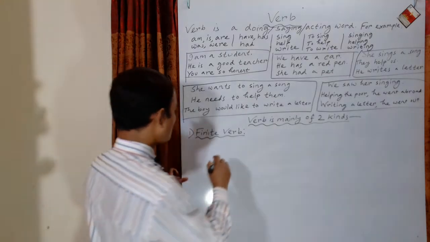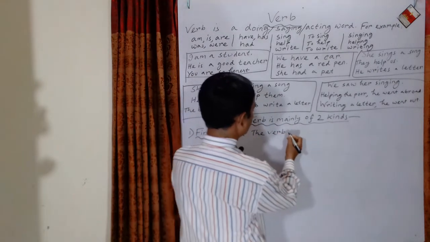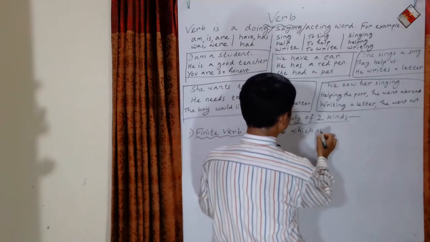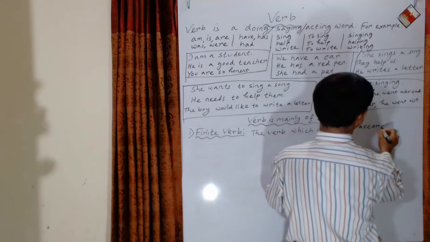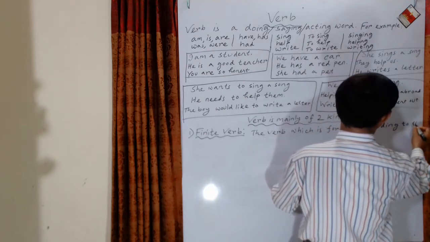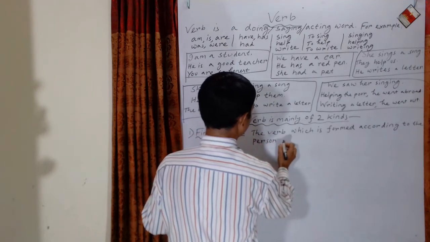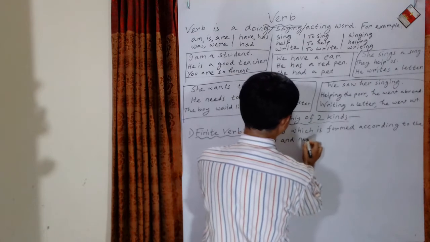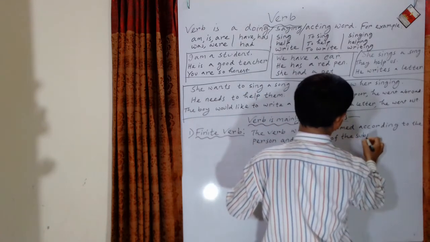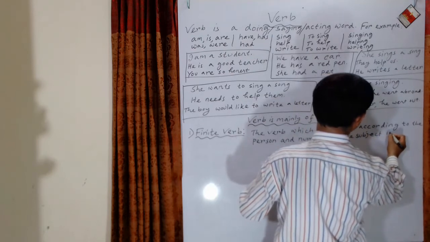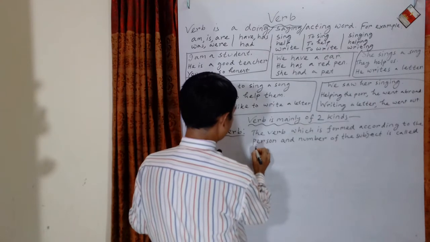For example, the verb which is formed according to the person and number of the subject is called finite verb.